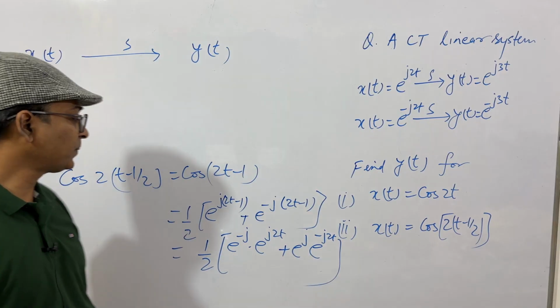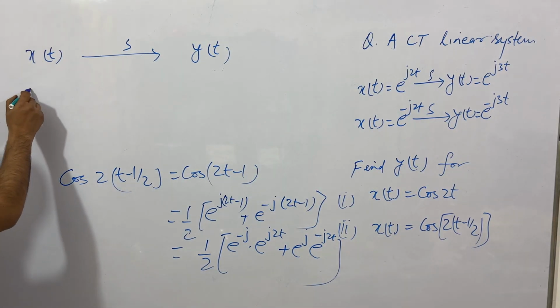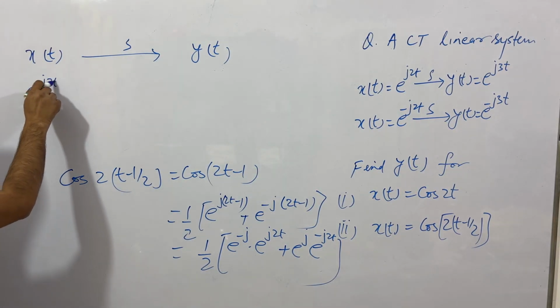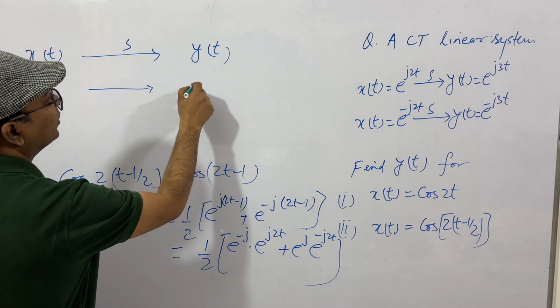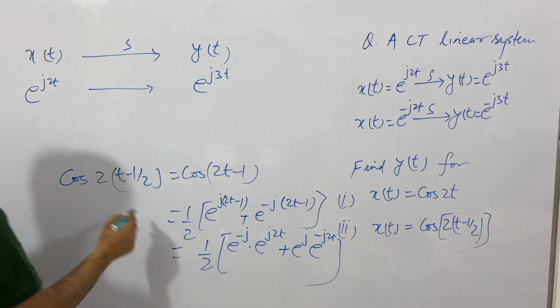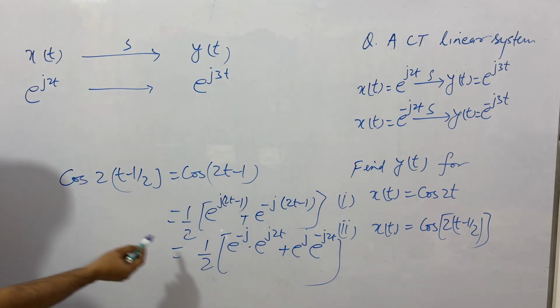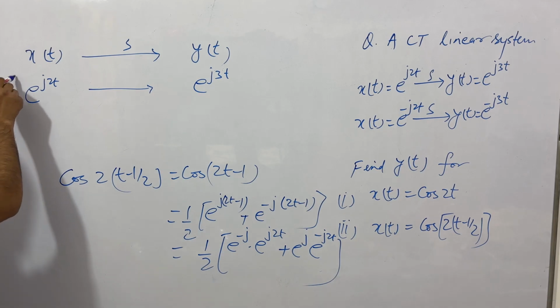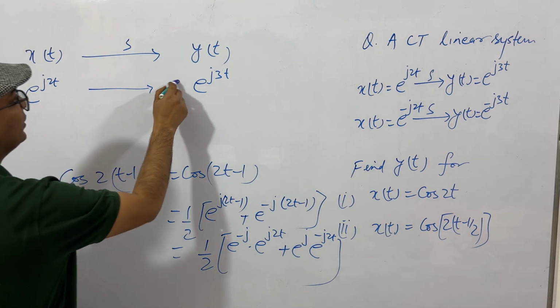This is a number. So if e^(j2t) gives e^(j3t), then multiplying by e^(-j) by half will give e^(-j) by half.